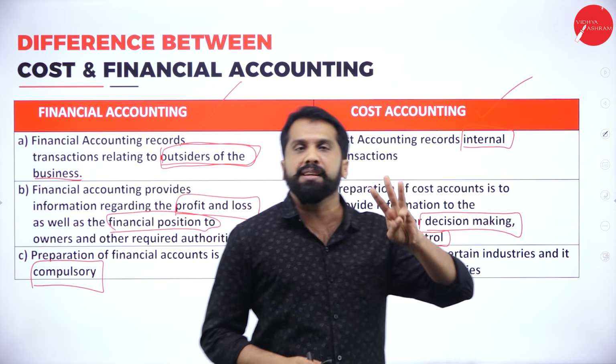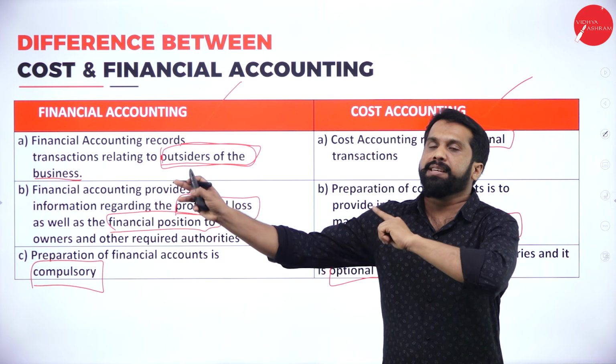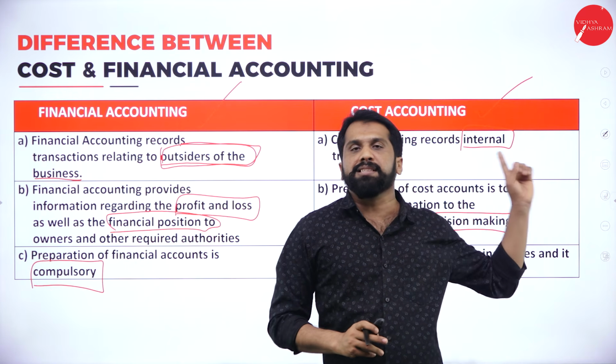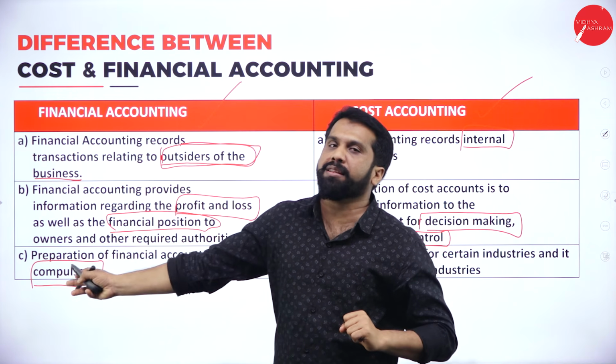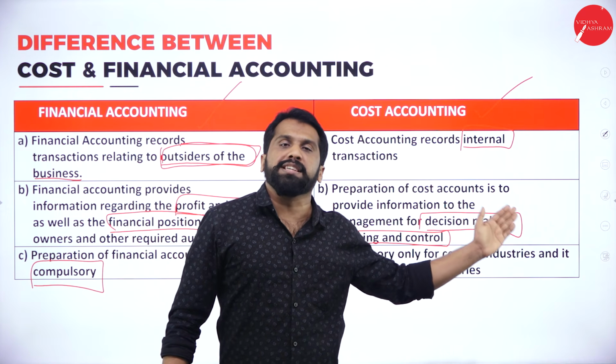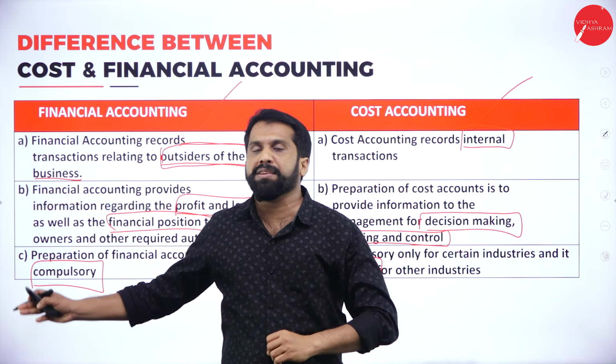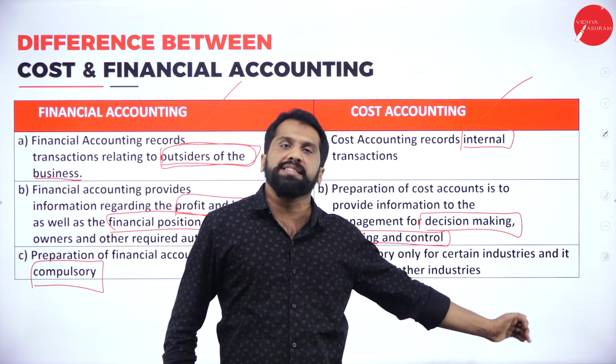Easy. So, you learned 3. Can I recall? Yes. What is this? It is internal, this is external. Profit and loss account and financial position. Here, decision making, planning, control. And this one is compulsory, this one is optional.